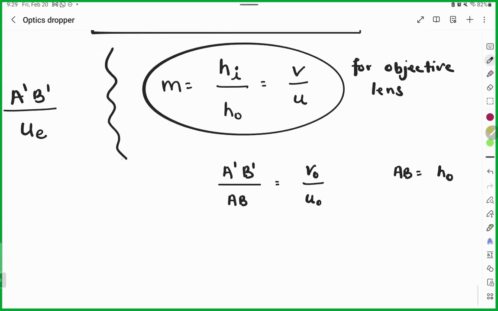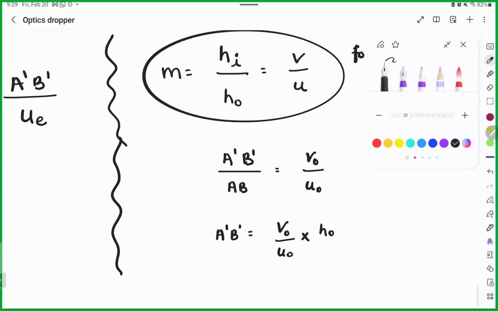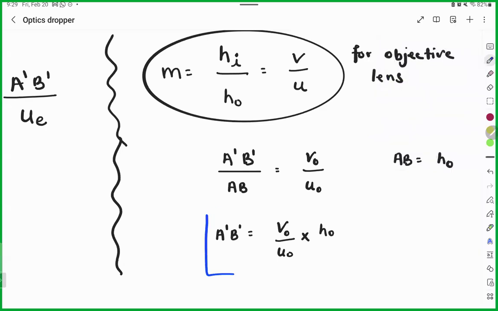If you consider all this, then your A dash B dash will be equal to V naught by U naught multiply into AB. A dash B dash value is equal to V naught by U naught multiply by H naught.